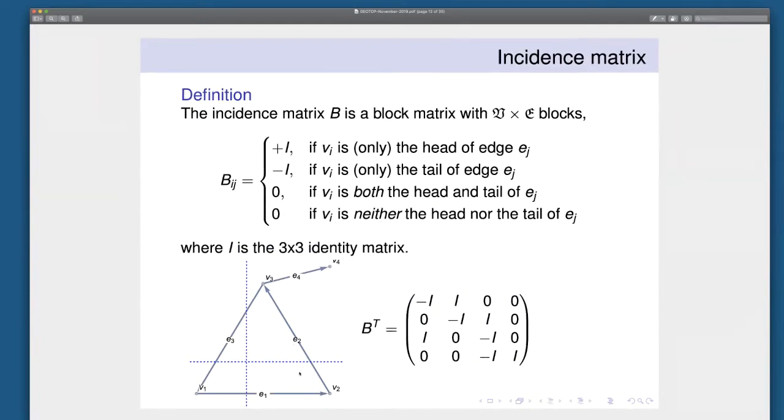So for instance, let's find edge 2 again. So I've transposed the matrix. So edge 2 is the second row. And this says it goes from vertex 2, that's the tail, to vertex 3, that's the head. Okay, so the B matrix takes vertex positions to edge vectors.